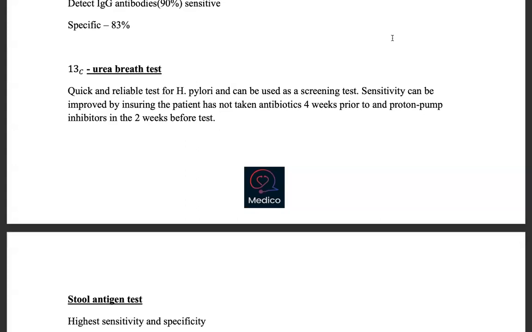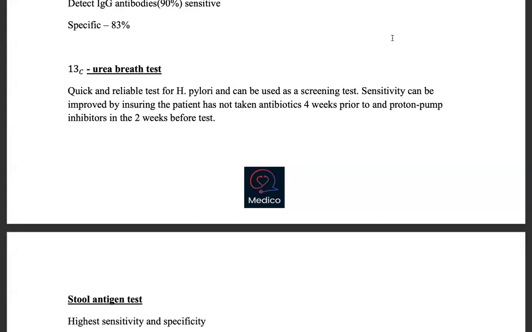These antibiotics we will be learning; there's something called a triple therapy where you use clarithromycin. So in order for the sensitivity to be improved, the patient must make sure they have not taken these antibiotics and also proton pump inhibitors before the test.